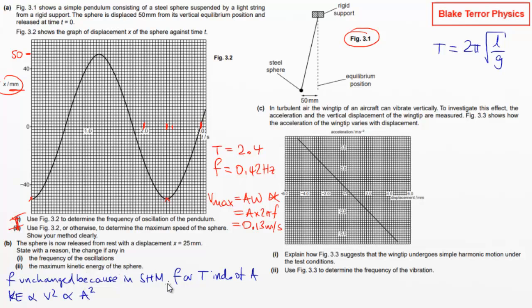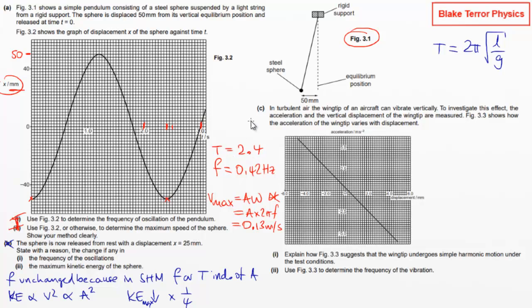So if we've halved the amplitude, then the kinetic energy is down by a quarter. So you'll be able to turn that into a couple of sentences for explaining the changes in maximum kinetic energy. So that's KE max down by a quarter. All straightforward stuff.